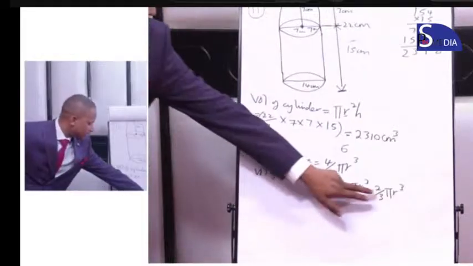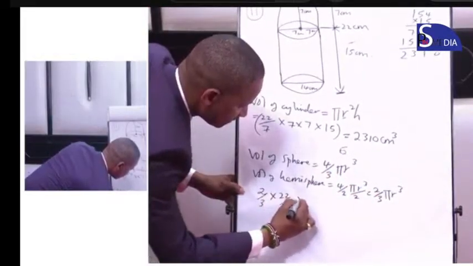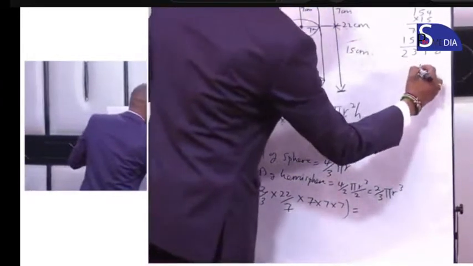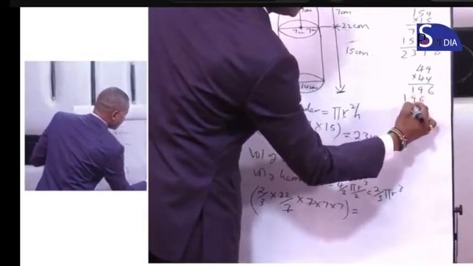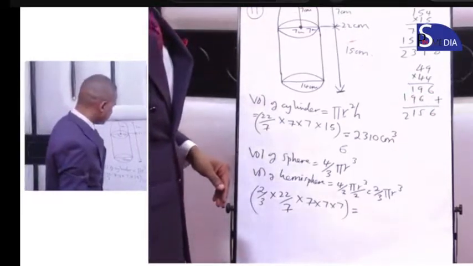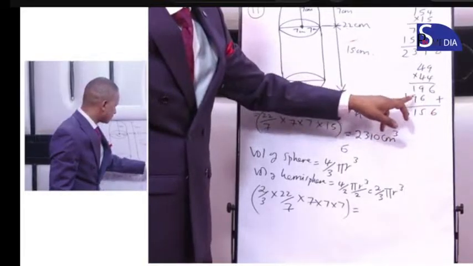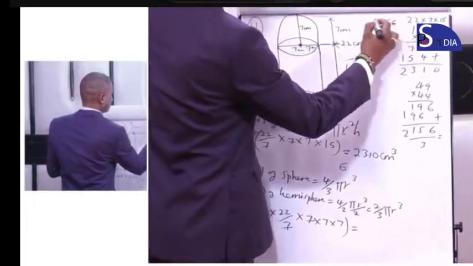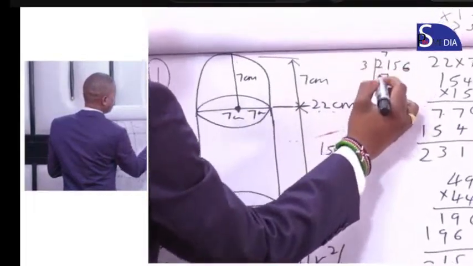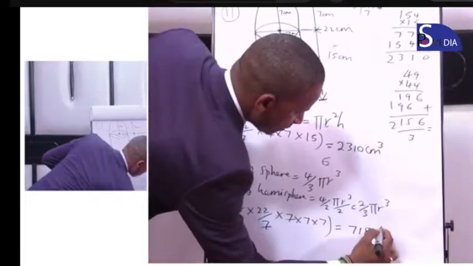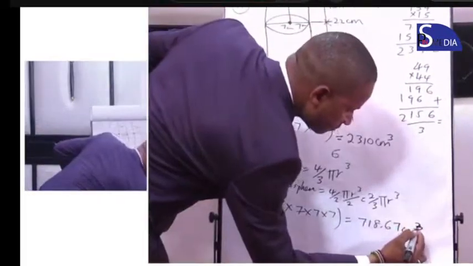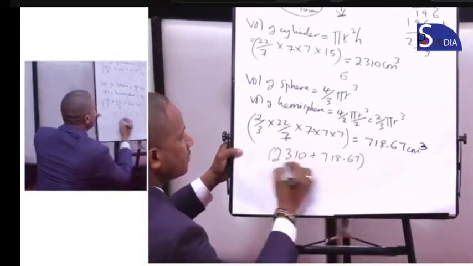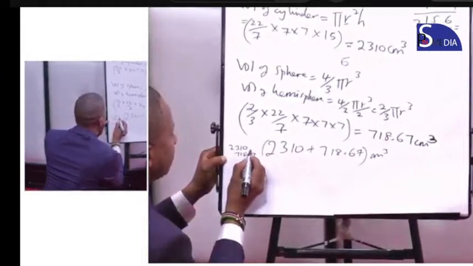So you solve 2 over 3 times 22 over 7 times the radius cubed, which gives 718.67 cubic centimeters.